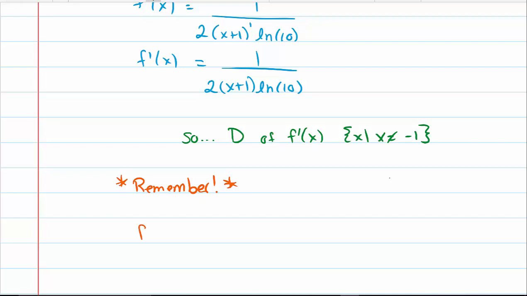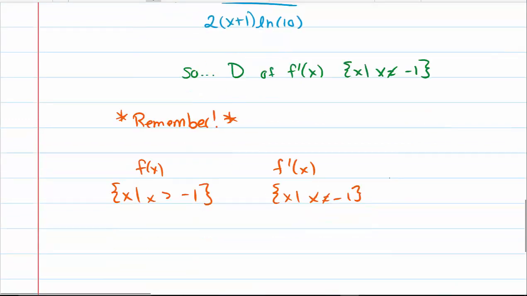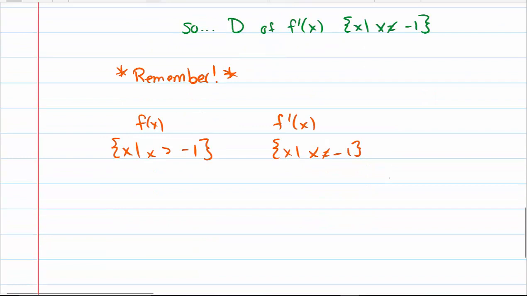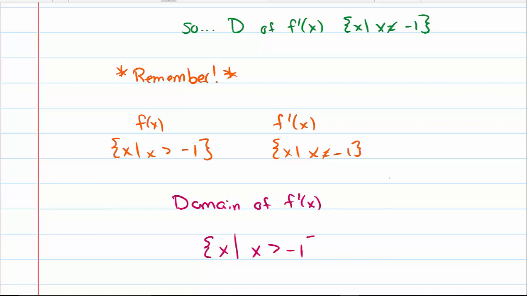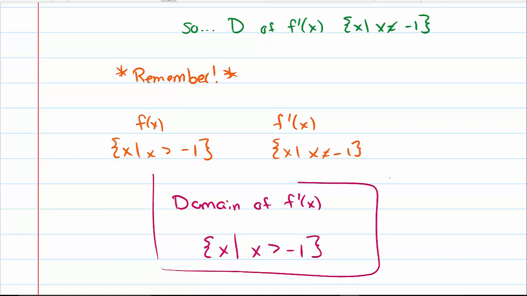So from f of x, the domain was x such that x is greater than negative 1. And from f prime of x, we get x such that x cannot equal negative 1. So we have to combine those, and that's just going to be the domain of f prime of x is all x values such that x is greater than negative 1. And that's the answer. And that's not so bad.